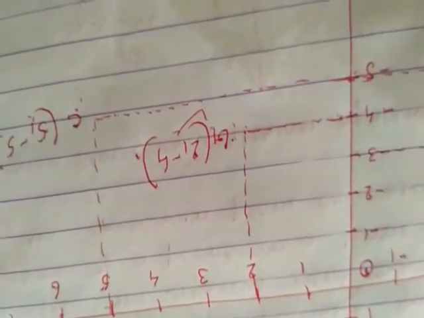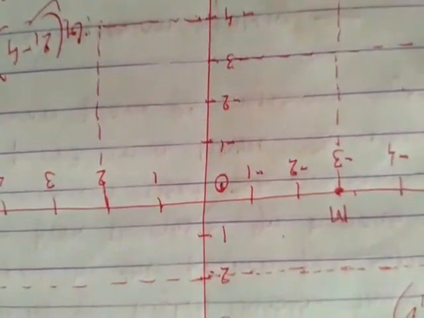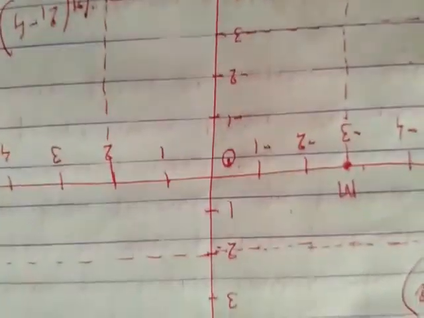Now in the next question, we have to write the ordinate of the point H. Where is H? Point H is here.